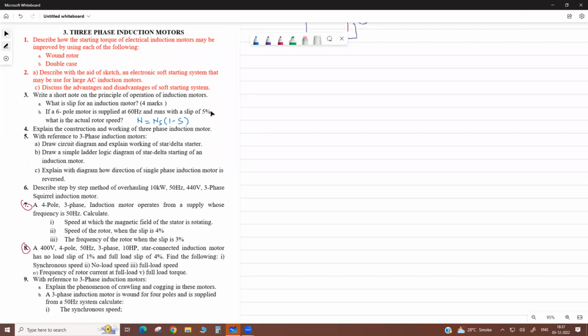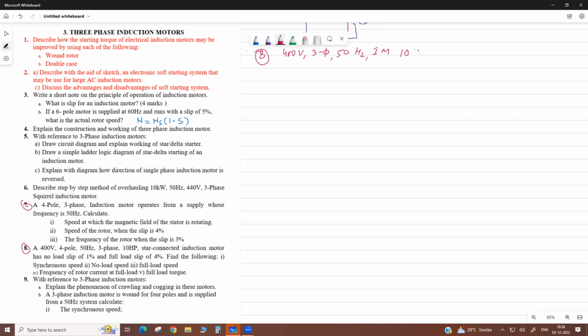In the 8th question, a 400 volt, 3-phase, 50 hertz induction motor, 10 HP.